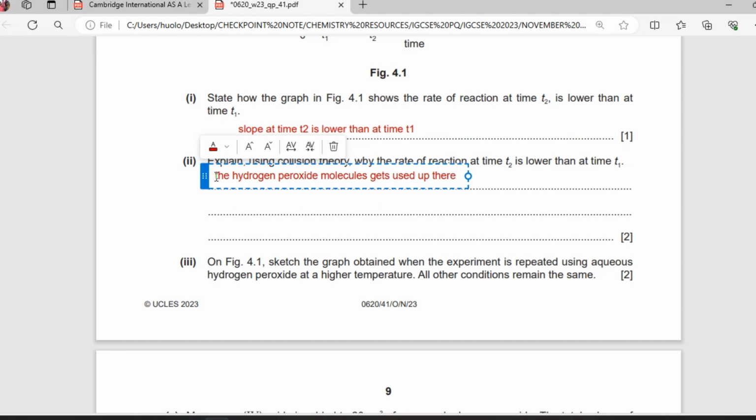So you can say that the concentration will be decreasing. So the concentration of hydrogen peroxide molecules is getting decreased.